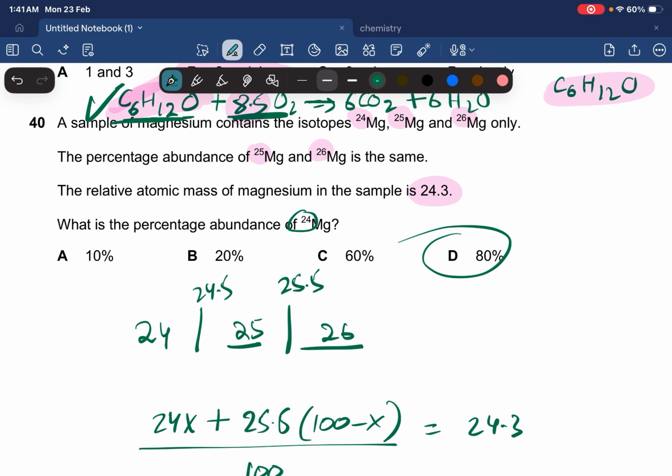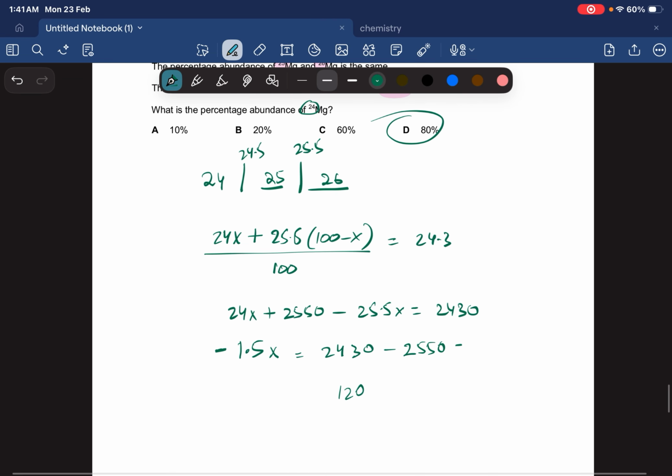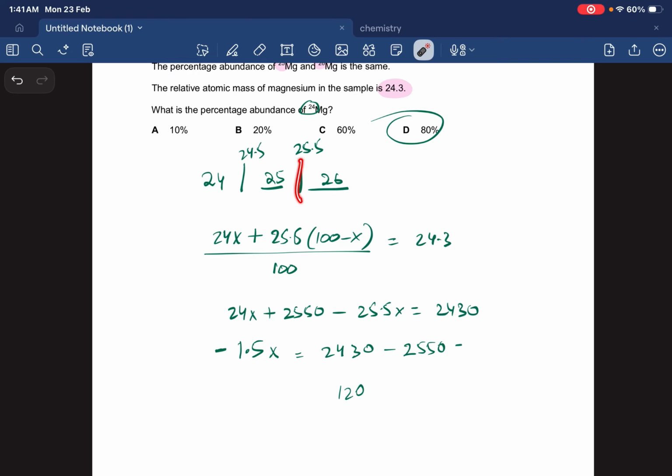Yeah. What I did was simple. I took 25.5 as the average for the other two isotopes because I knew 25 and 26 are in equal amounts, so it's going to be exactly in the center. And then I took 24 as 1. So 24 multiplied by x is the abundance of 24, and 25.5 multiplied by 100 minus x is the abundance of the other isotopes.